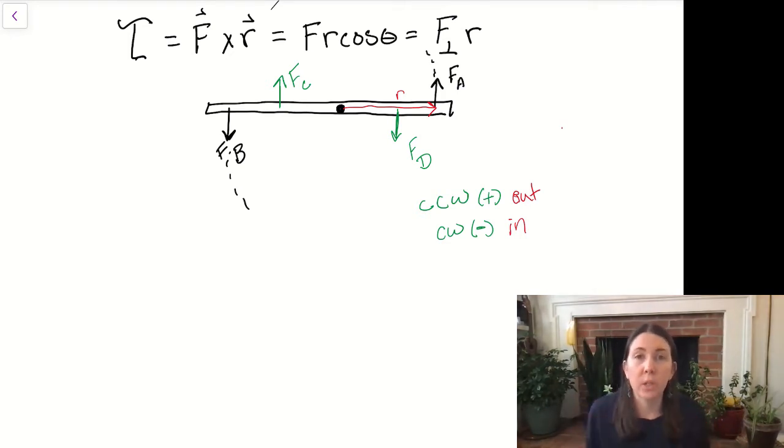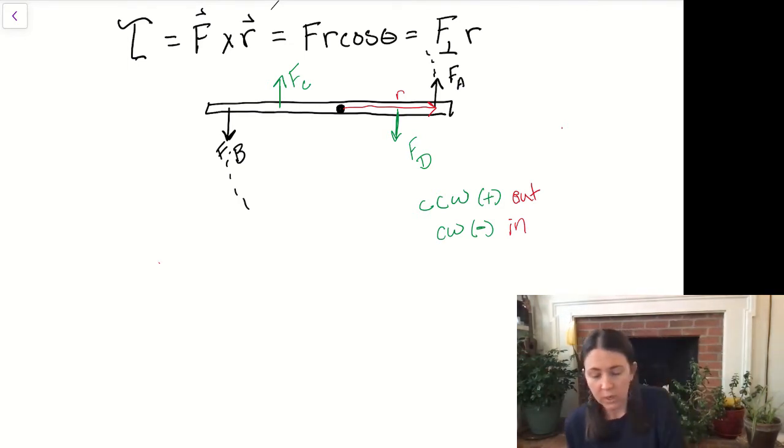We talked earlier about the fact that unbalanced forces cause a change in motion; unbalanced torques cause a change in rotation. So what exactly is the net torque? We can find that just like we found the net force. The net torque is the sum of all of the torques.